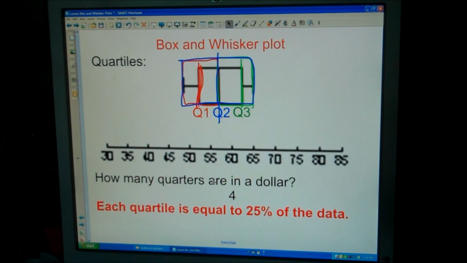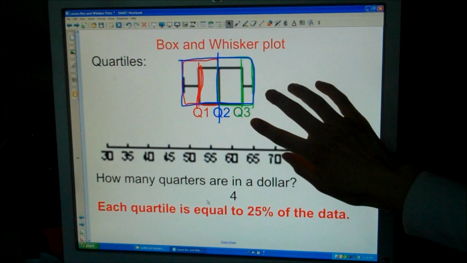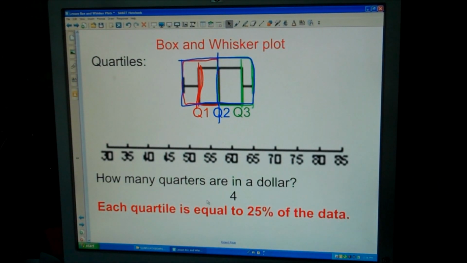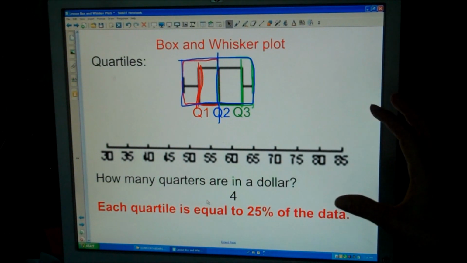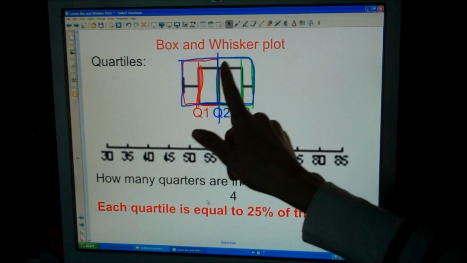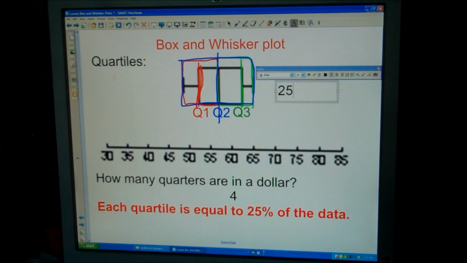So here's what I wanted to point out before. That this is divided now into 4 sections. And my question to you was, how many quarters are in a dollar? Well, there's 4. And each quarter is worth how much? 25. Okay? So each piece of this box and whisker plot is 25%. Each piece.